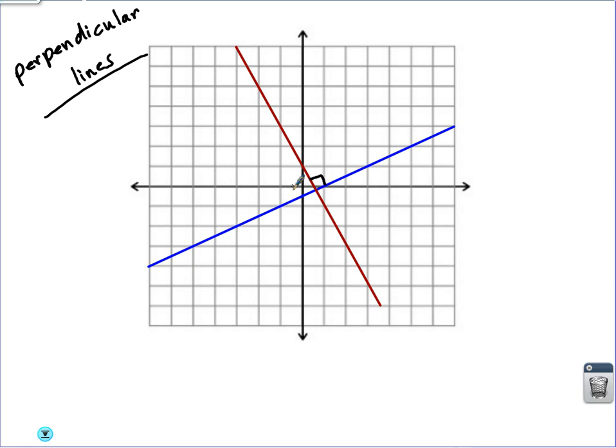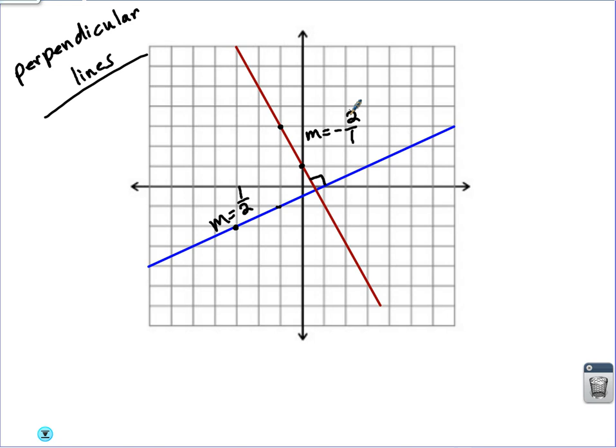If you find the slope of our blue line, we take any two lattice points, we rise one, run two, so this has a slope of 1/2. And our second line, notice it goes down. From one point to the next, it goes down 2 and over 1, so this slope would be -2 over 1. So we have +1 over 2 and -2 over 1, which is evident of the relationship we're going to have between perpendicular lines.